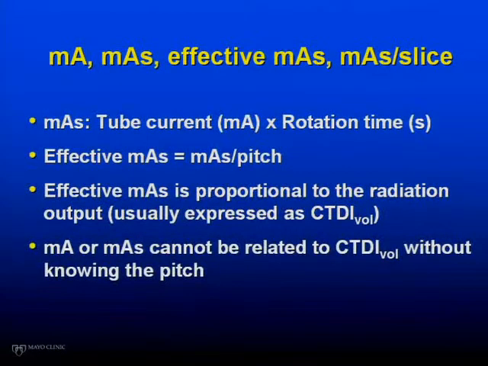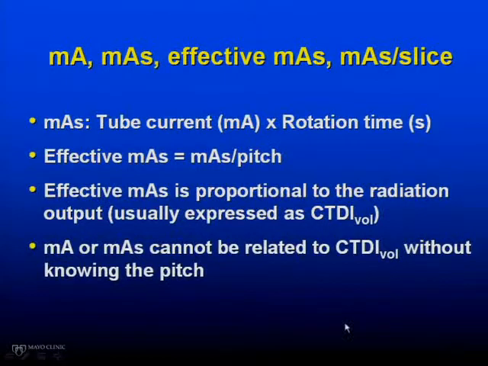mAs, effective mAs, or mAs per slice, depends upon the CT manufacturer. They name it differently, how to prescribe the tube current. This is probably the most frequently manipulated scanning parameter in daily CT practice.